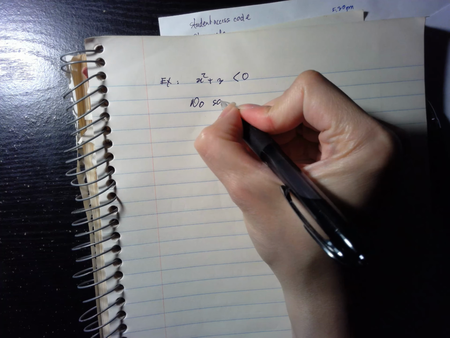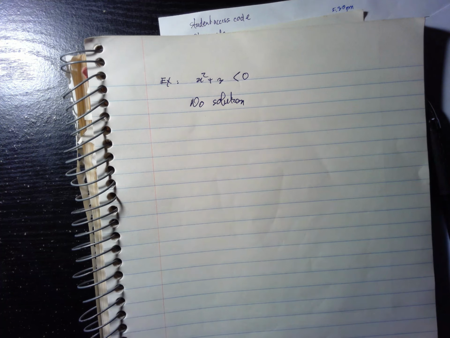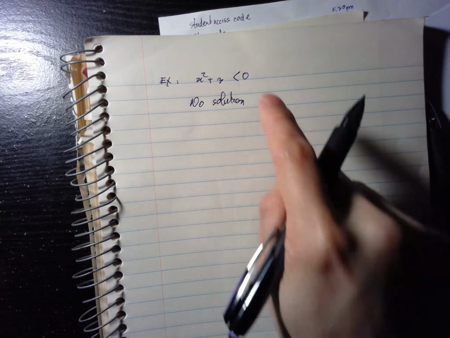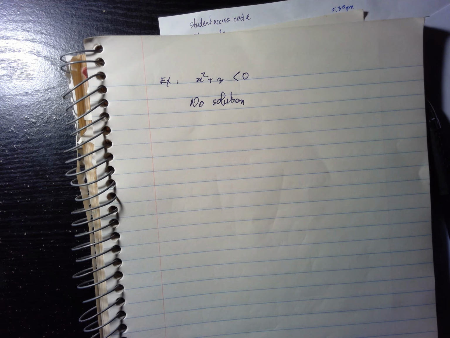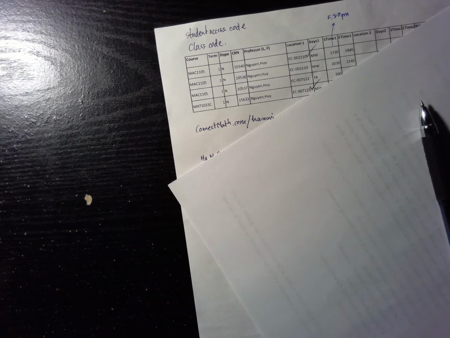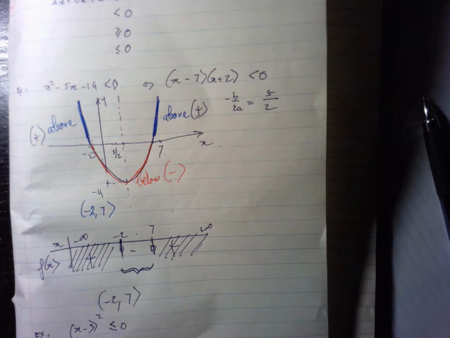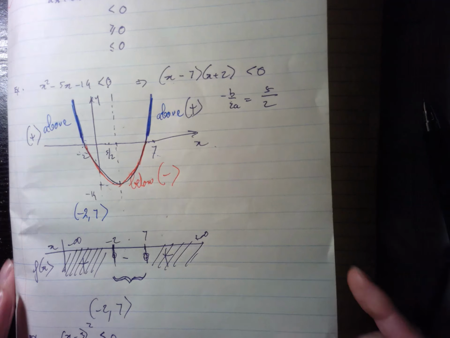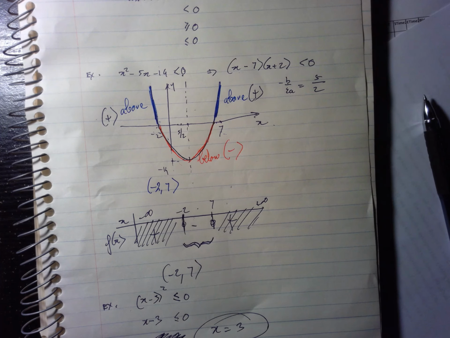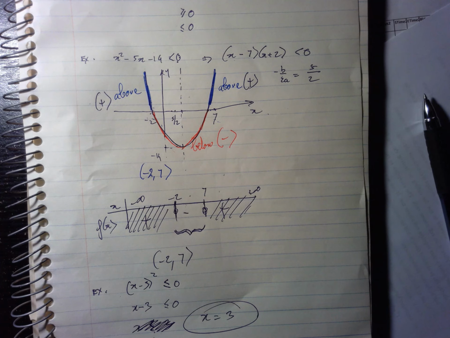It means we couldn't find any x value that satisfies the inequality here. In the last example, we can find a value that satisfies the inequality, because it is less than or equal. It does not satisfy the less than, but it also satisfies the equal part, so x = 3 works. But the other one does not satisfy.